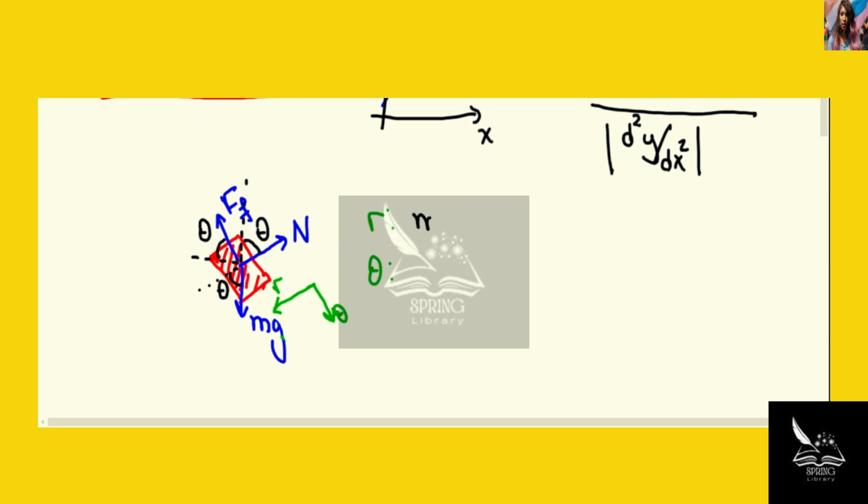So along the r direction, we have mg times the sine of theta, I'm sorry, actually the cosine of theta, minus the normal, and this is equal to m times the centripetal acceleration, which, as I said before, is v squared over r.